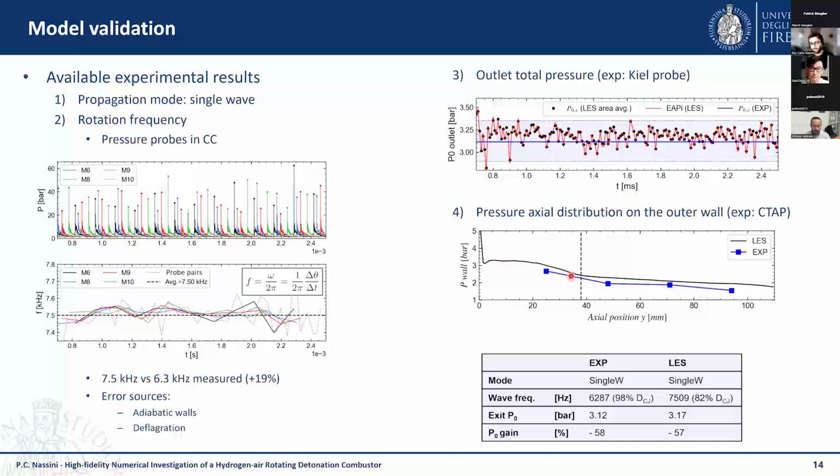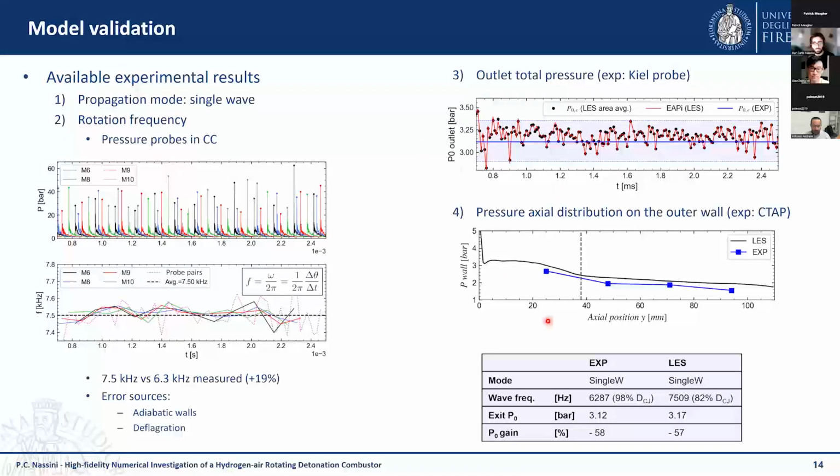this is kind of expected because the experimental measurements with the CTAP, the capillary attenuated pressure sensors, use very long tubes, so the pressure waves inside these tubes are for sure attenuated with respect to a probe which is positioned right at the outer wall as in the simulation.